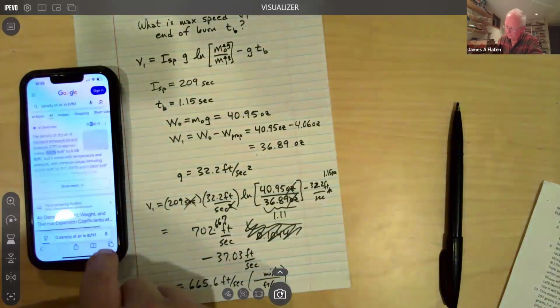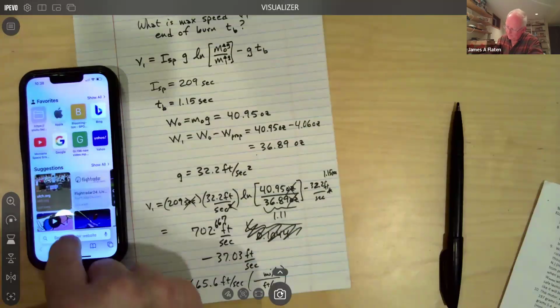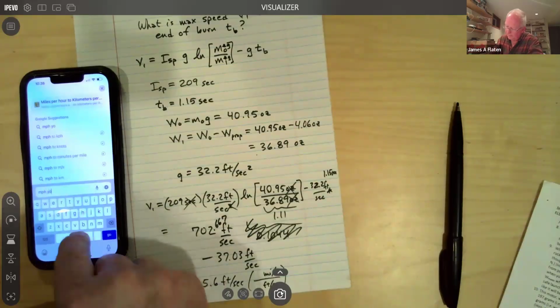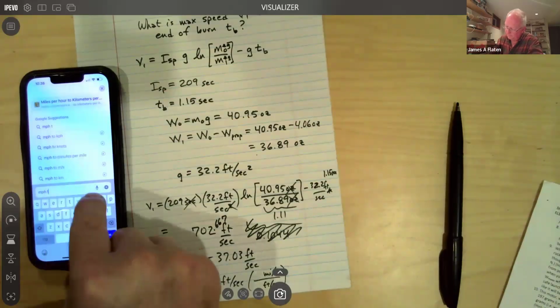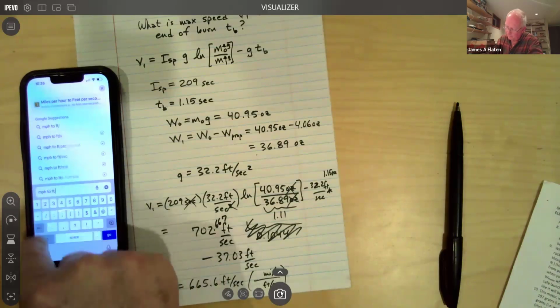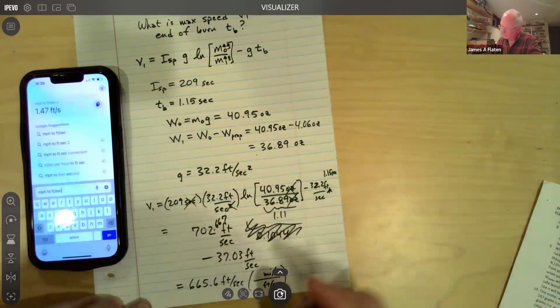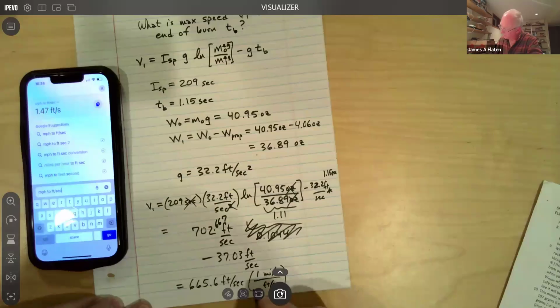Here it says 1.1 miles per hour is 1.47 feet per second.